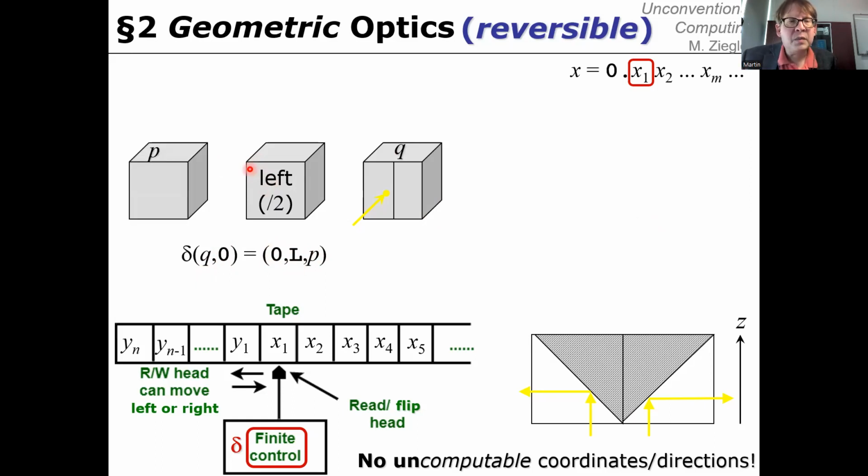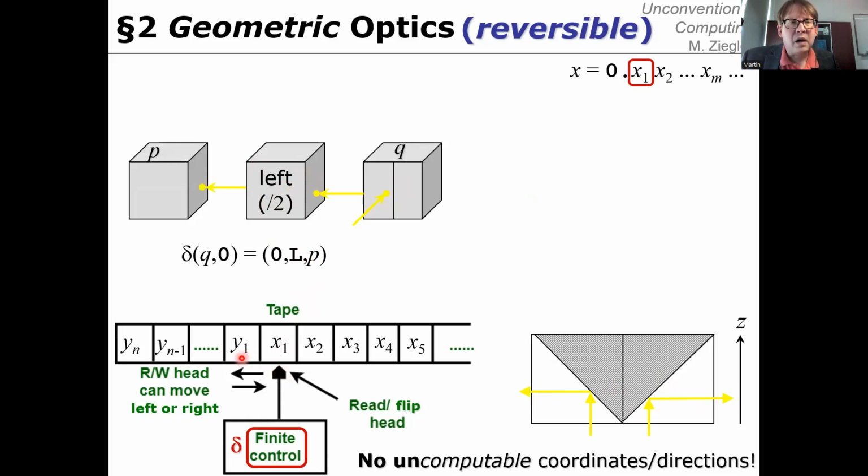And another test gate, now labeled with state P. So that when the ray enters at an x coordinate less than 1/2, then according to this test gate, it will leave the test gate to the left. There, being divided by 2 means moving the head to the left.